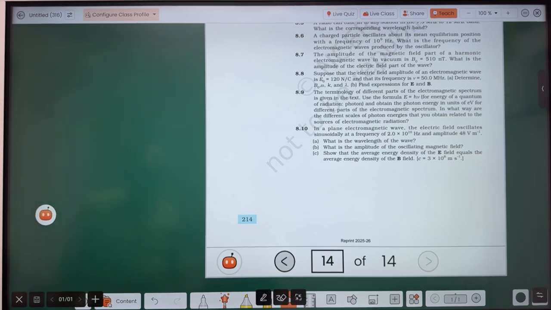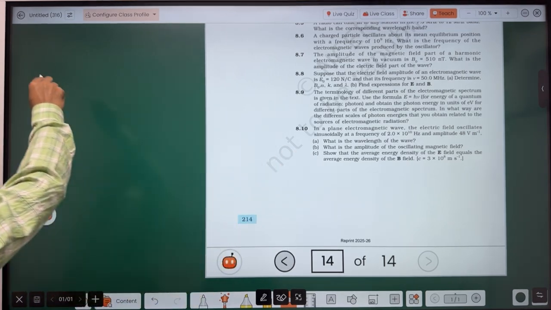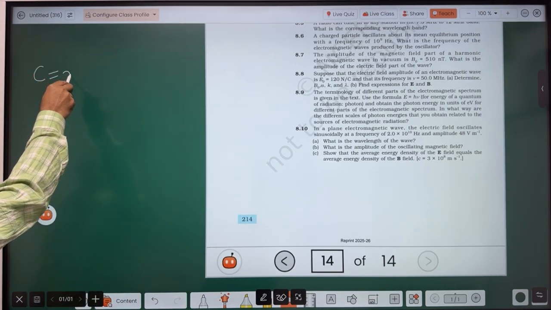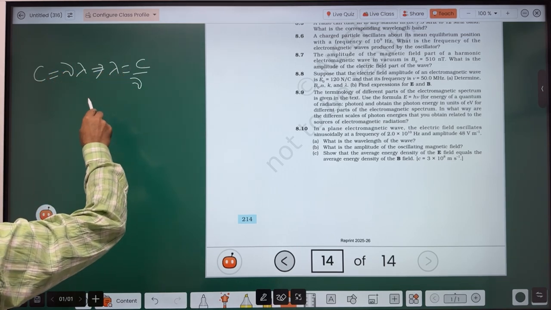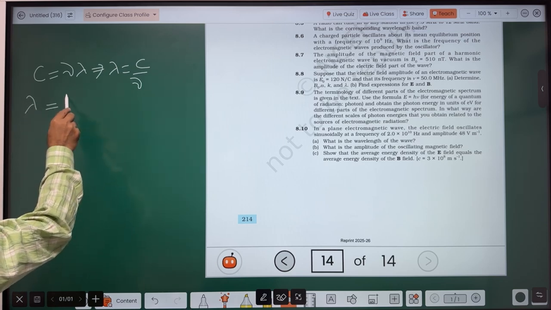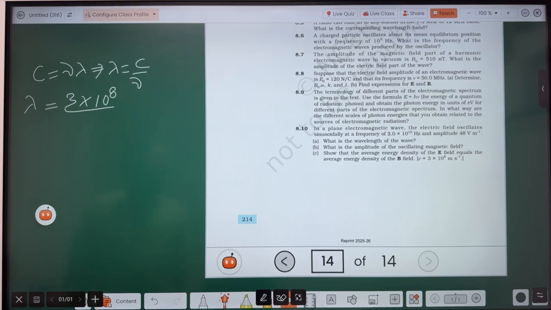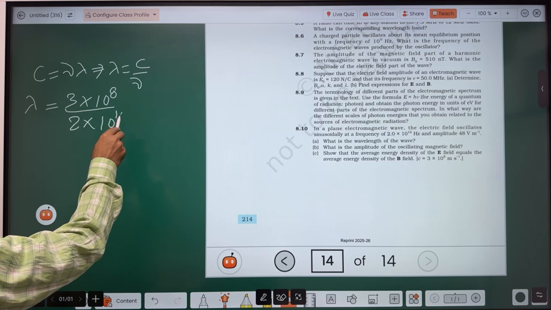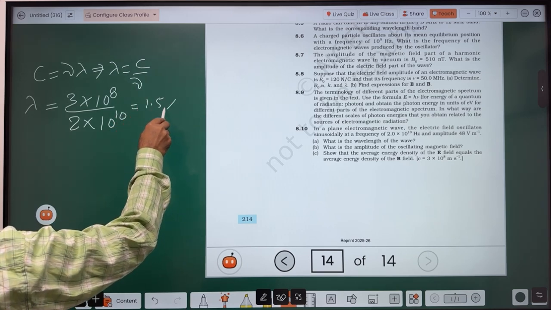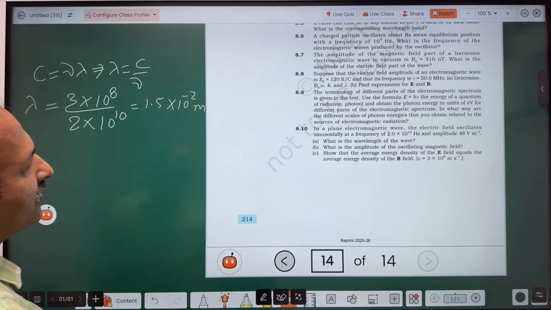For this purpose, we have to find out the wavelength, frequency is given. So we know formula C equal to nu lambda, or lambda equal to C upon nu. So C is 3 into 10 to the power 8 divided by nu, given as 2 into 10 power 10. So this will give 1.5 into 10 to the power minus 2 meter.